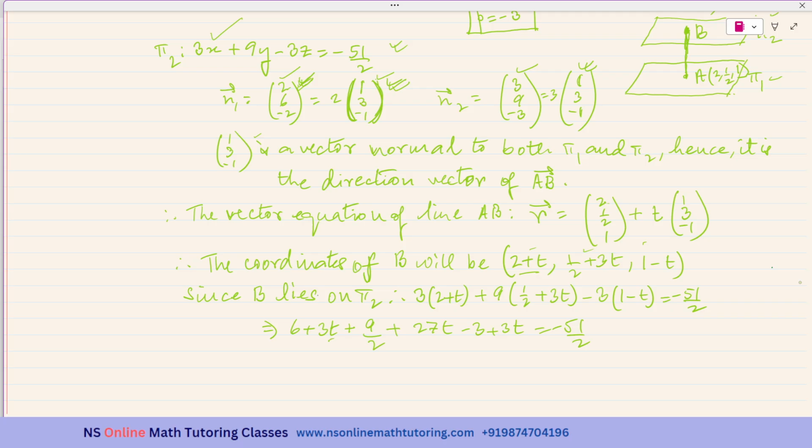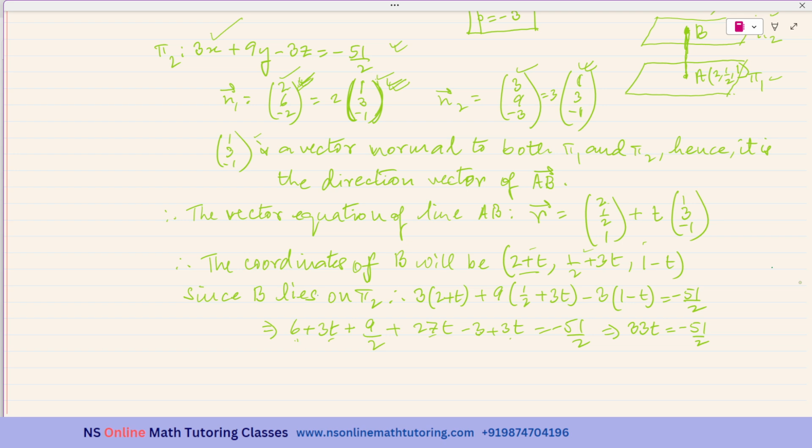So 3t plus 27t is 30t plus 3t is equal to 33t, equal to negative 51/2, and 6 minus 3 is 3 and 9/2 is 4.5. So 3 plus 4.5 is 7.5.